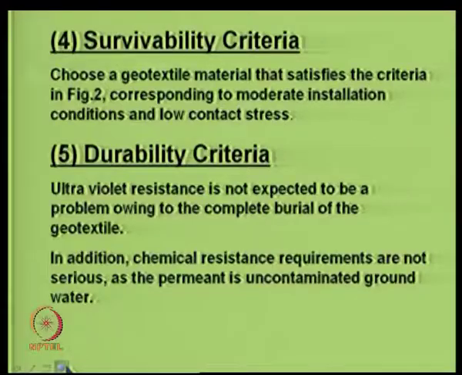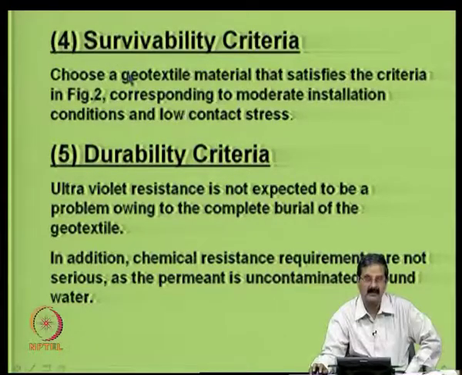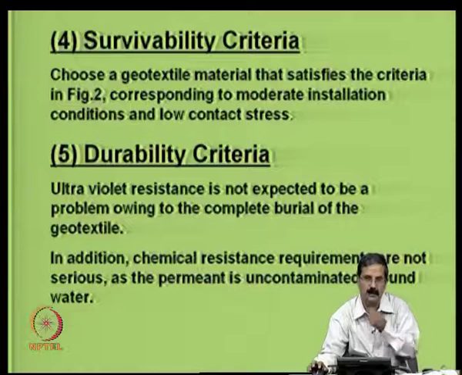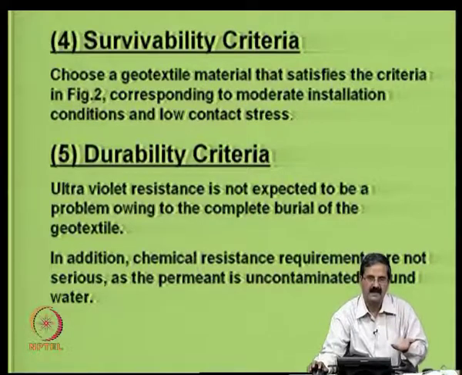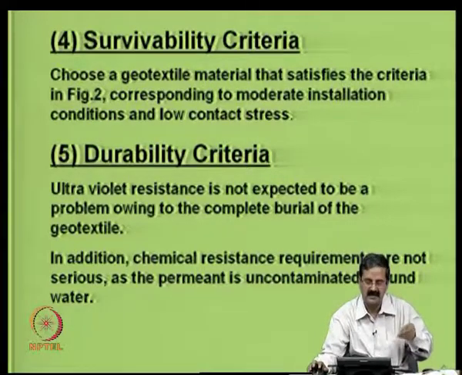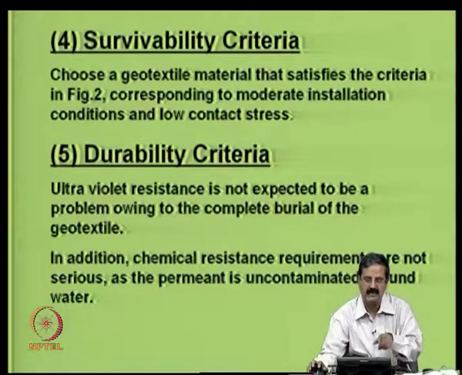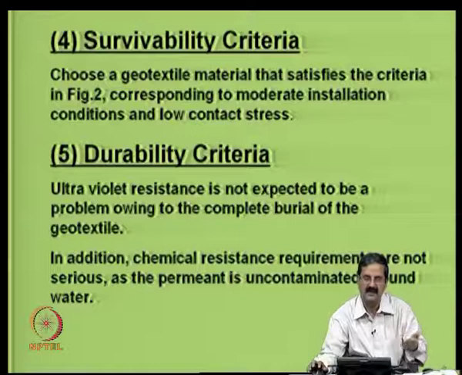And also see the survivability criteria. Depending on the installation conditions, you have to specify that it should have some properties like grab strength and CBR puncture strength and all that. Companies will give you that, and you just look at the chart and the manufacturing specifications. Then if it satisfies, it is done.